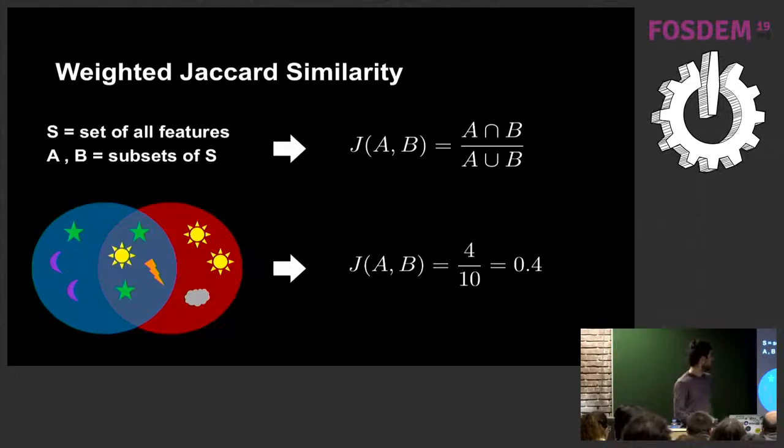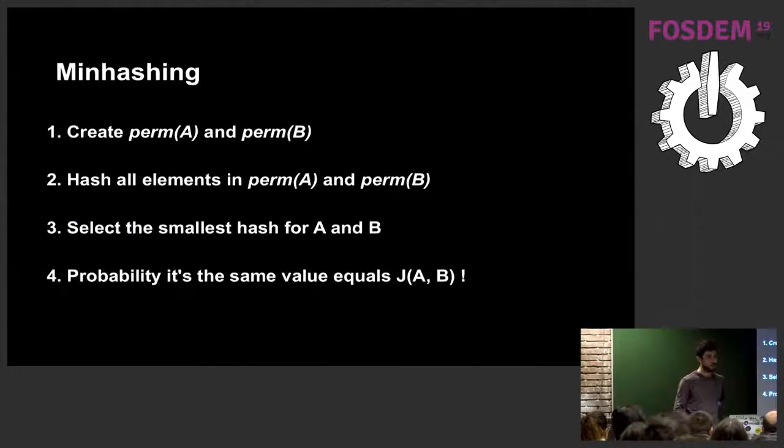We use this because it has a pretty interesting property: if we pick a random permutation over our set of features and apply it to A and B, then hash all the elements that were permuted and select the smallest hash, the Minhash, then the probability that these values will be the same is equal to the Jaccard similarity of both snippets.